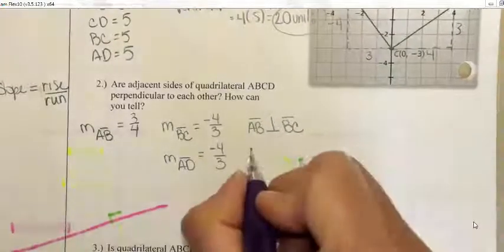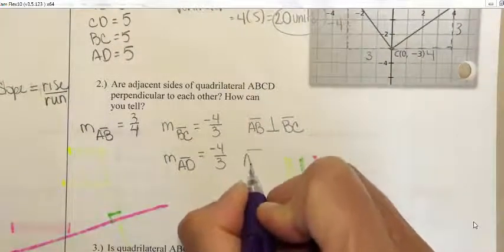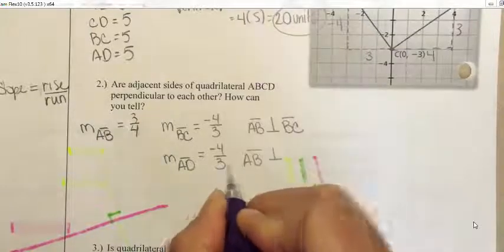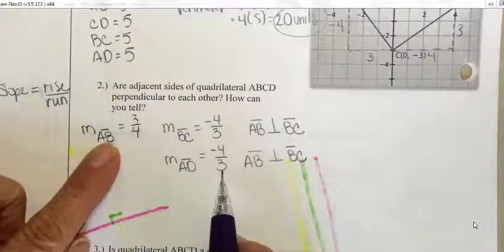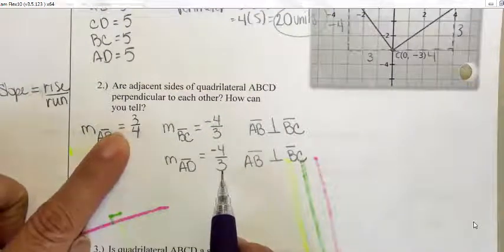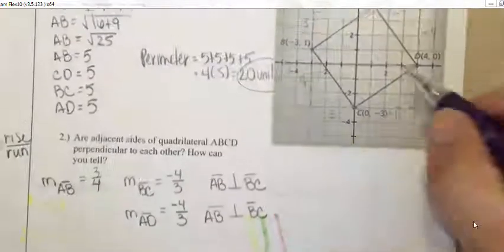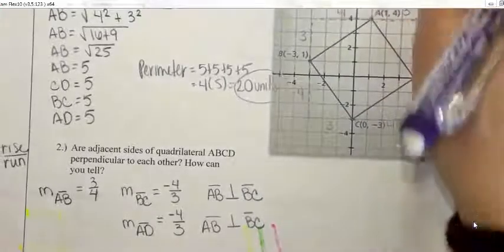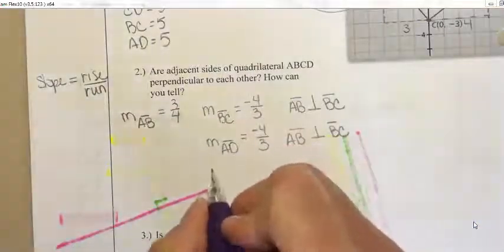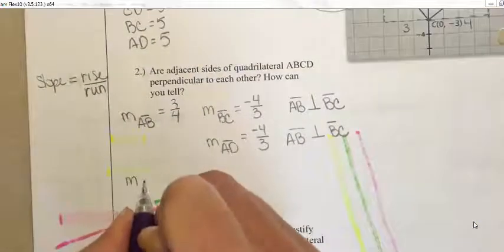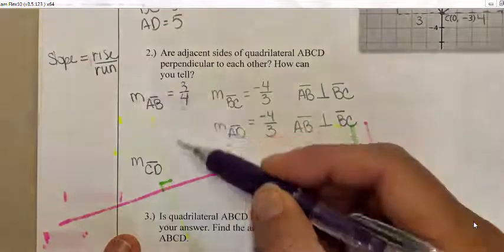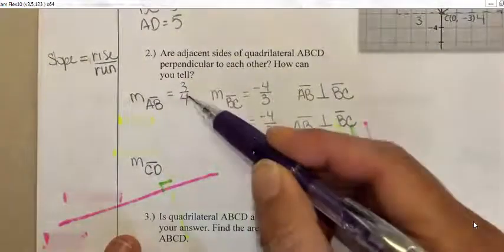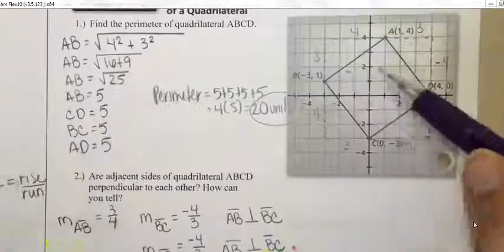So then I also know that segment AB is perpendicular to segment AD because, again, they have opposite reciprocal slopes, right? These are opposite reciprocals. And the only other one I need to compare now is CD. So let's look at the slope of CD. I'm going to put that over here, because it's directly opposite of segment AB.